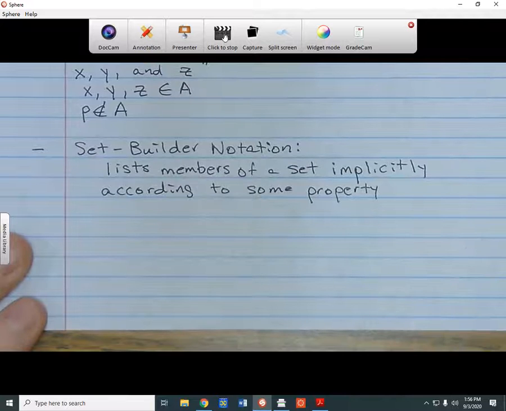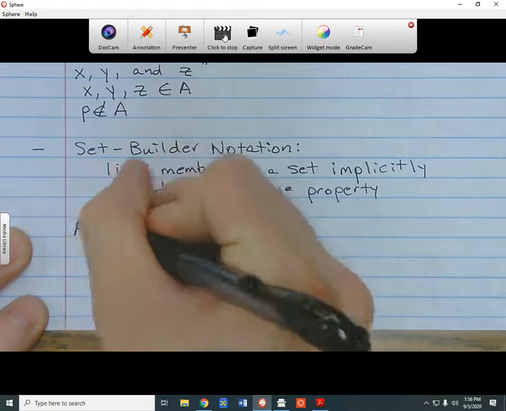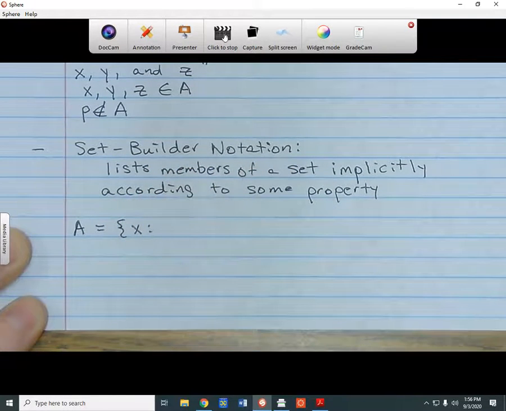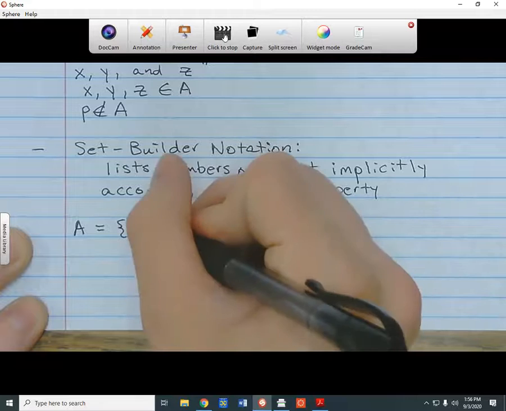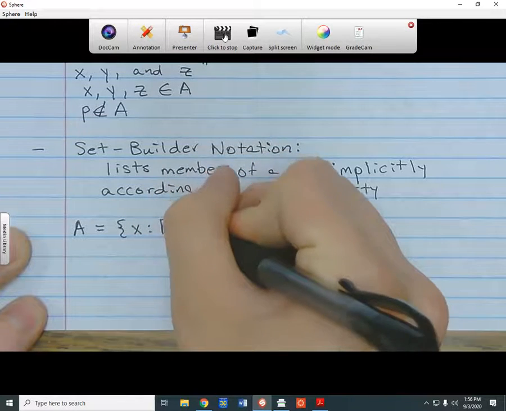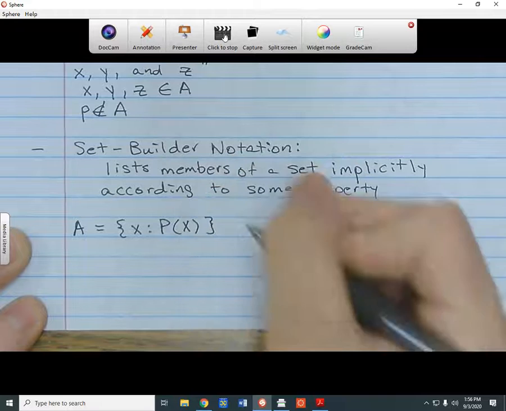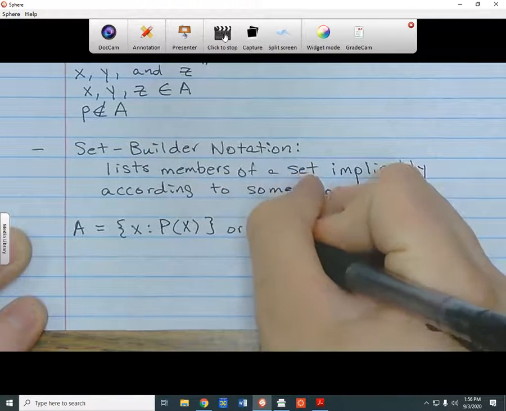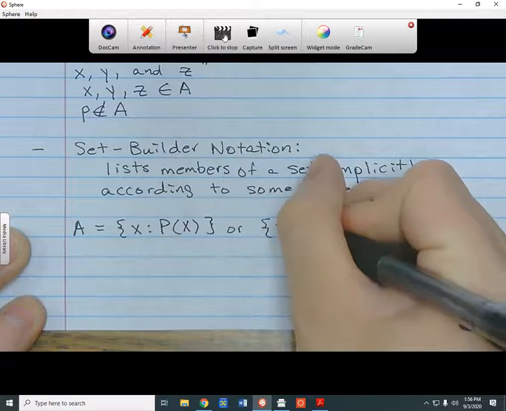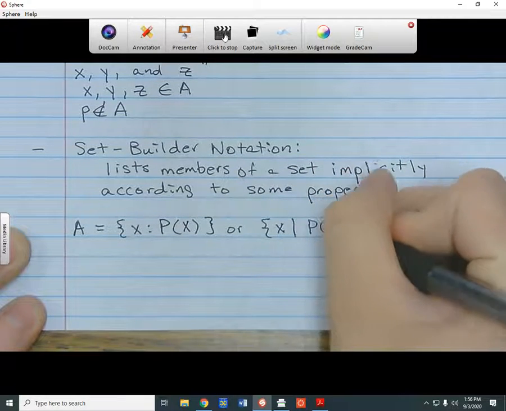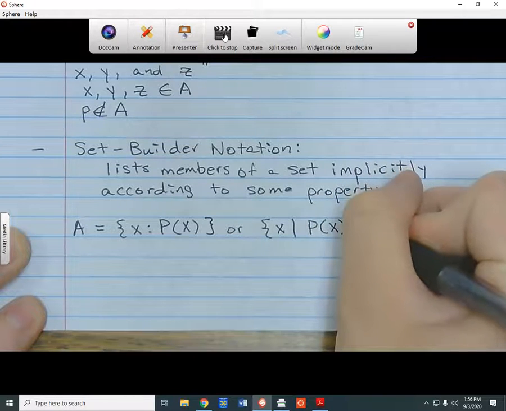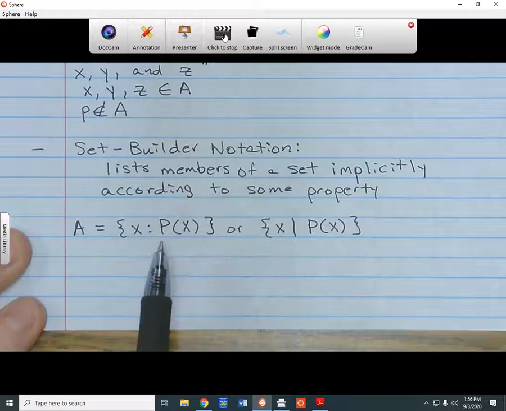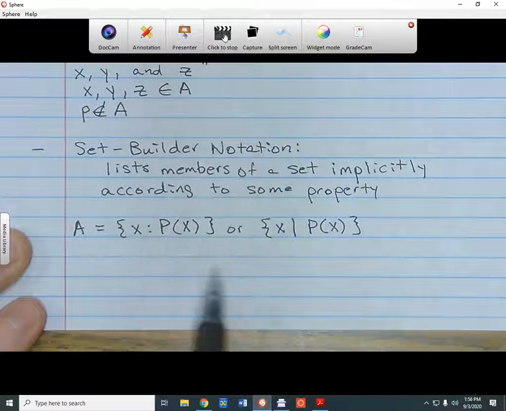We could say A is the set of all members X that satisfies the property P of X. Another way we can write it is A is the set of all members X according to some property P of X. What you'll notice is the only difference between these two notations is we have a colon here, and over here we just have a slash.